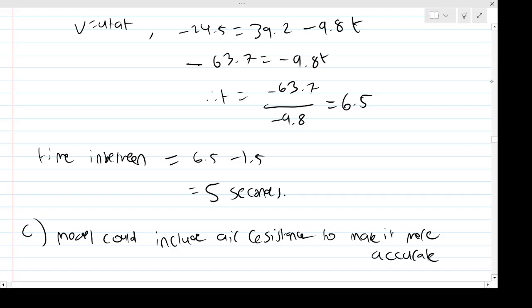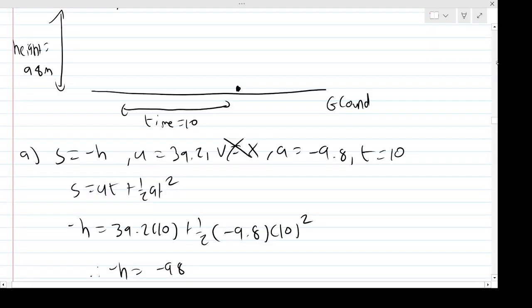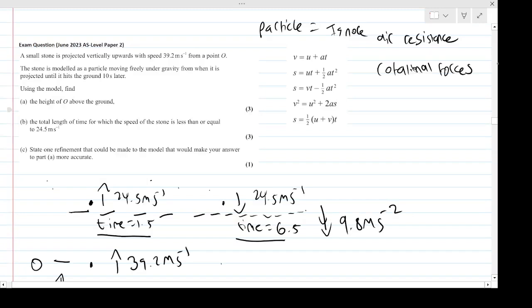The other stock answer, other than air resistance, is when we used g here. So g, remember, we said is 9.8. That's the acceleration going down because of gravity. In reality, g is actually a long decimal, like 9.8 and so on. So we just shortened the answer to 9.8.